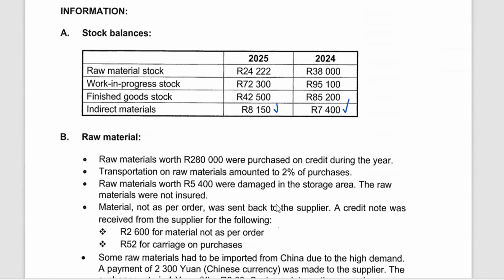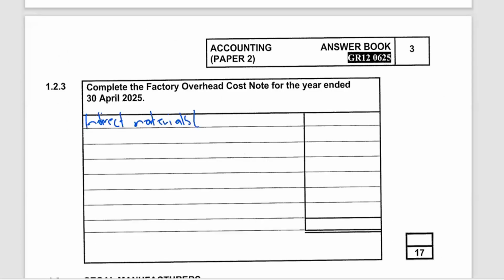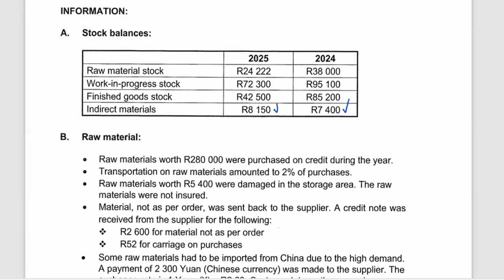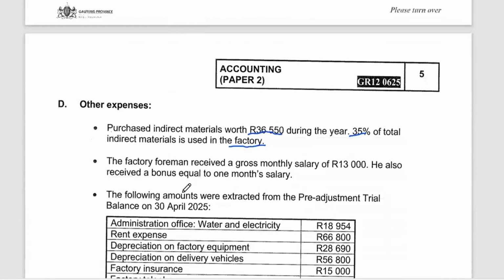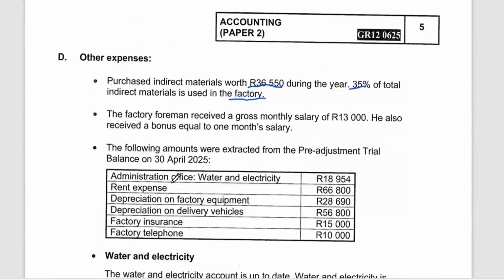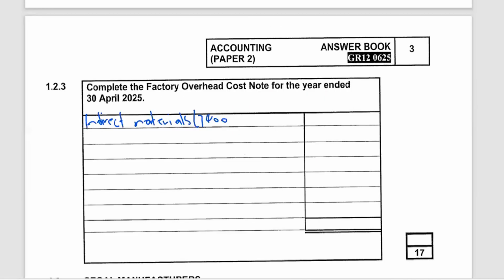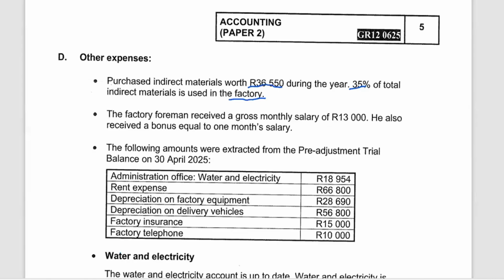So we'll start with the opening balance, 7,400, plus the indirect materials that were purchased for 36,550.